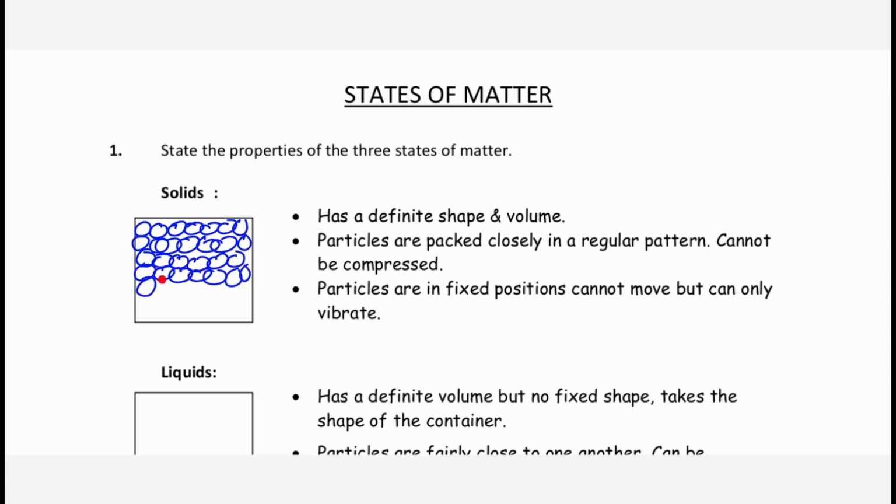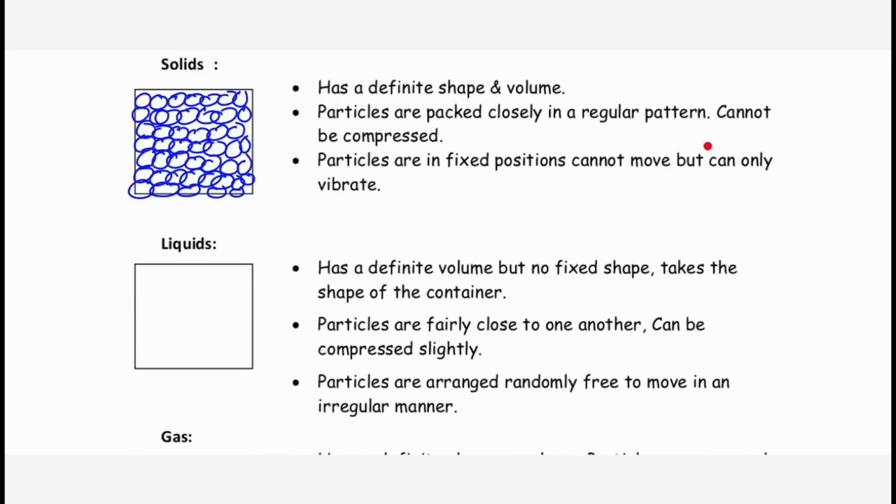Solids have a definite shape, and you cannot compress solids, because there is no space between the particles. So definite shape and volume, particles very closely packed, no space in between. You cannot compress them, and the particles cannot freely move. They can only vibrate on a given axis.